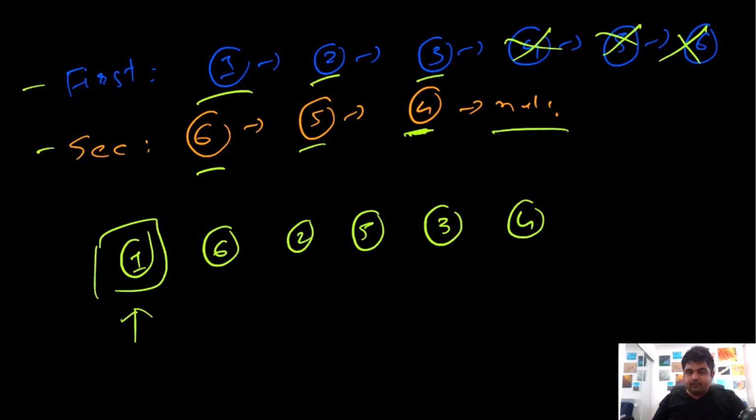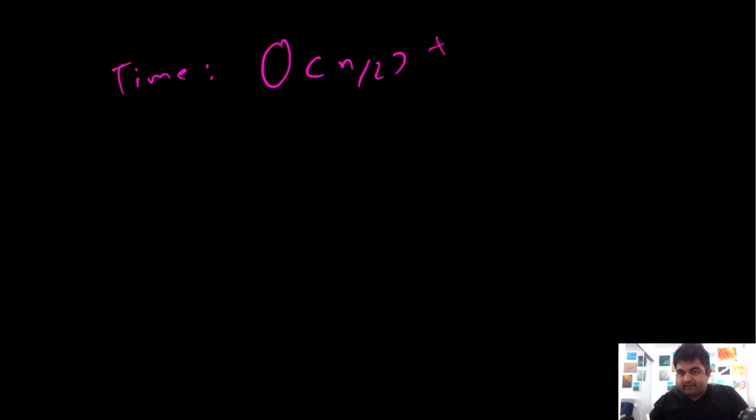So let's see what would be the time and space complexity in this case. For the time complexity, we are actually doing three different things. First, we are splitting the linked list into two parts, which takes O(n/2) time. Second, we are reversing the linked list, which takes O(n) time, and third, we are merging two linked lists, which takes O(n) time.